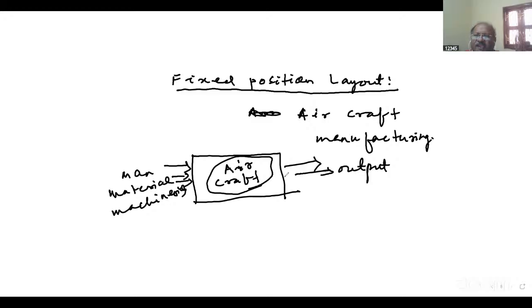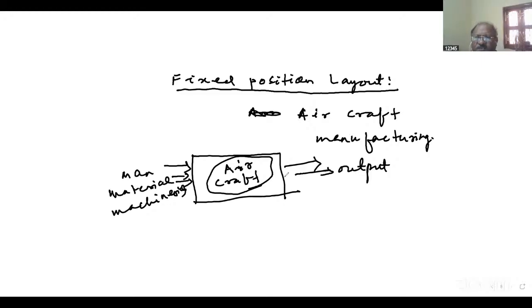If you take a multi-story building, or manufacturing of aircraft, or a ship, the building stays in one place, while workers, materials, and machineries are brought to it for assembly. Am I right or not? So that is the multi-story building construction.